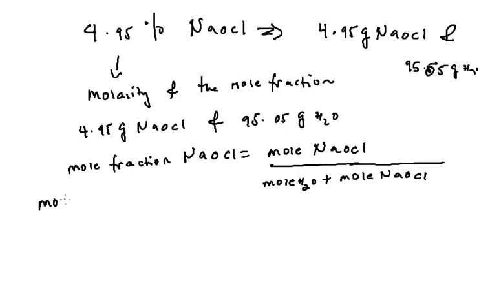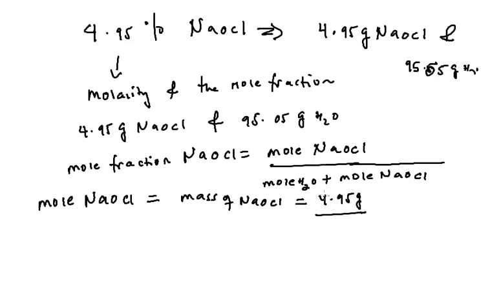Okay, so how do we calculate the moles of sodium hypochlorite? The moles of sodium hypochlorite can be calculated as the mass of sodium hypochlorite, which is 4.95 grams, divided by the molar mass of sodium hypochlorite. The molar mass of sodium hypochlorite would be 74.5 grams.